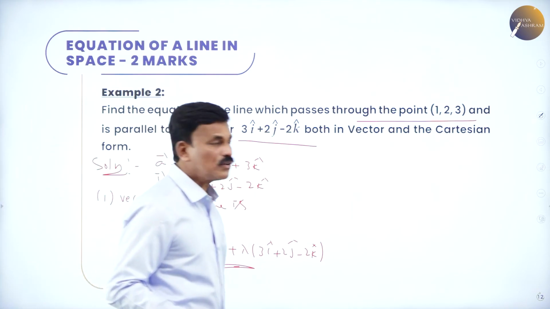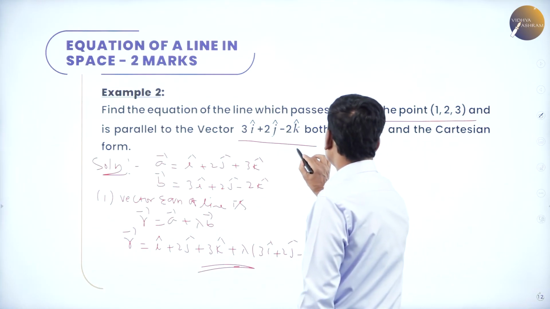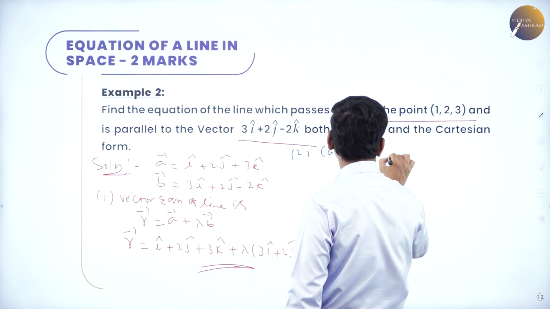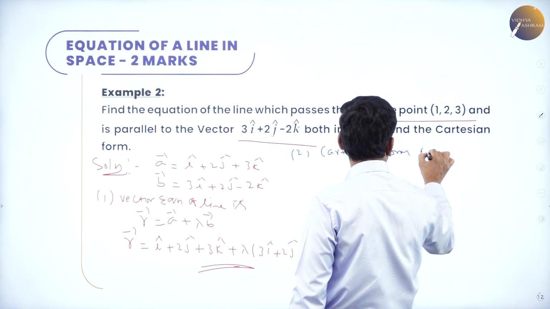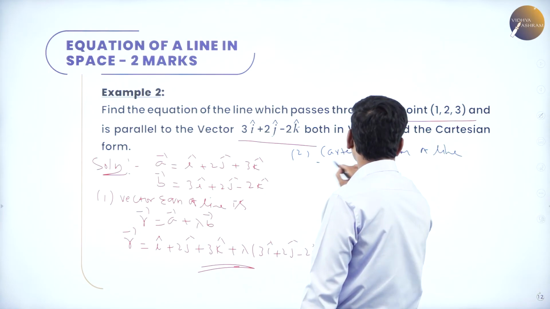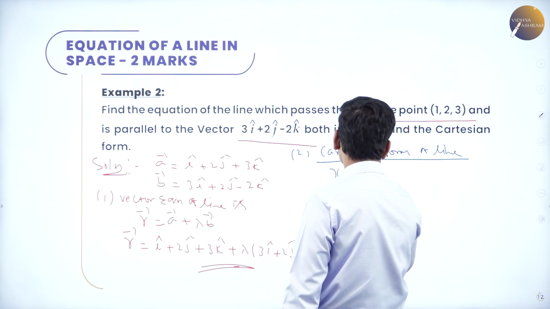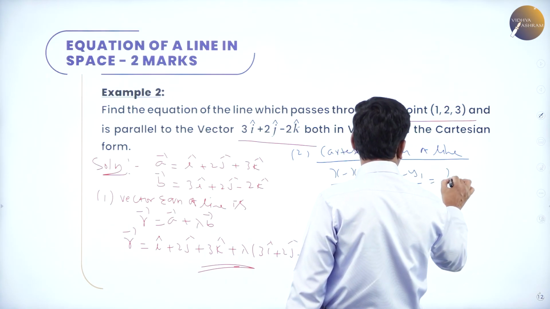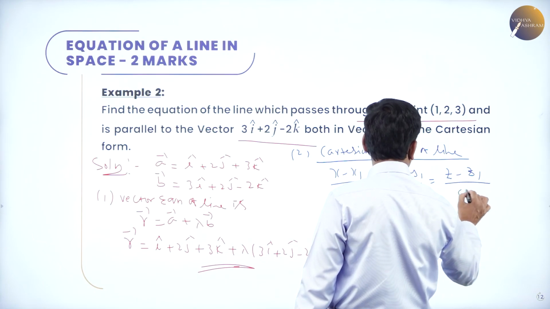Now, to find the Cartesian form, second part, the Cartesian form of the line. The Cartesian form of the line is (x − x1)/a = (y − y1)/b = (z − z1)/c.